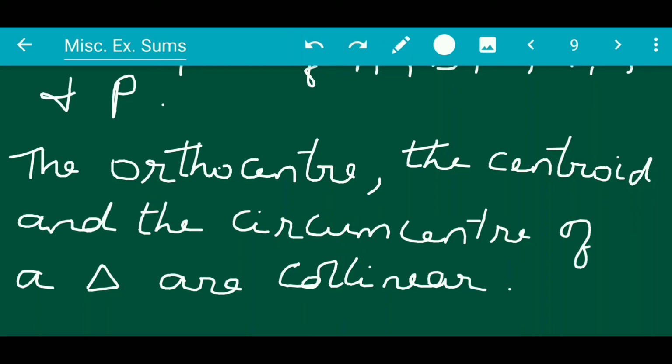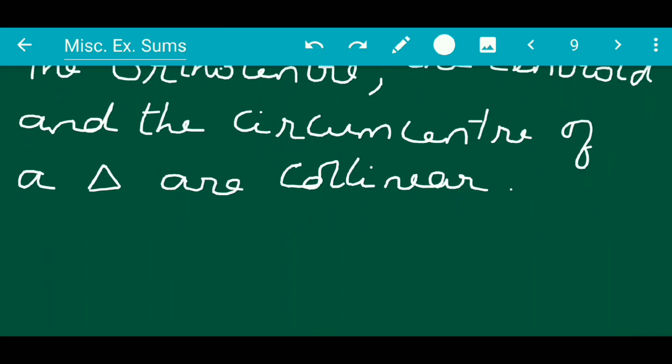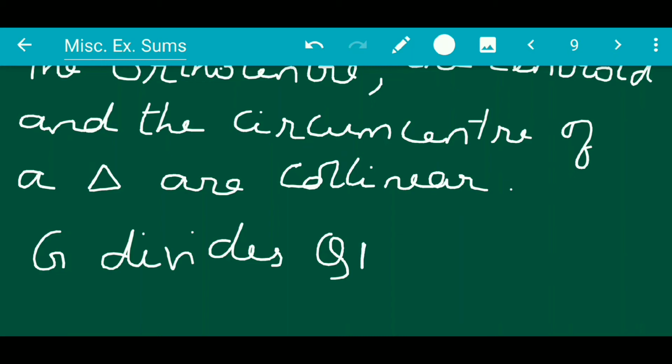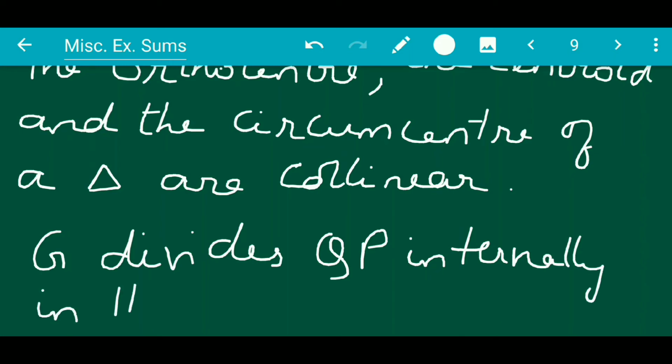And also, the second point is that G, the centroid of the triangle, divides QP internally in the ratio 1:2.